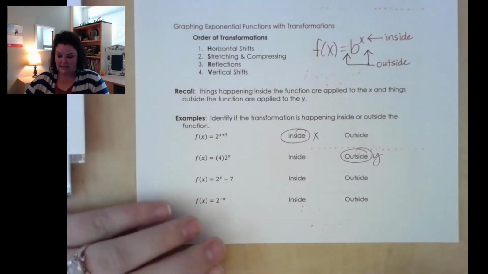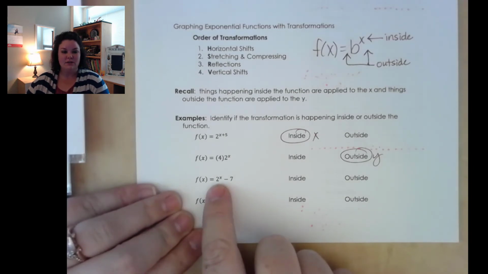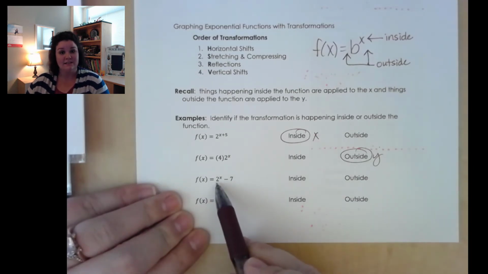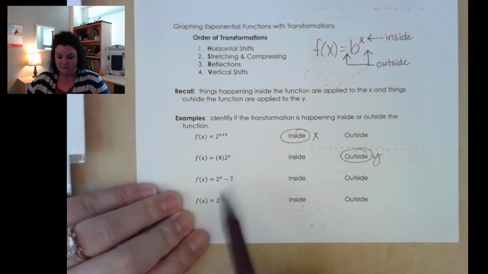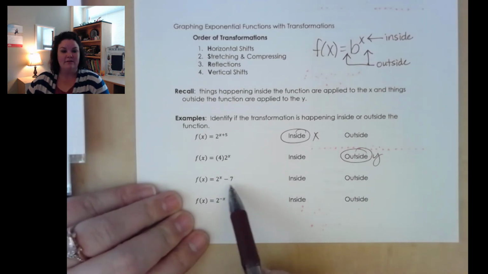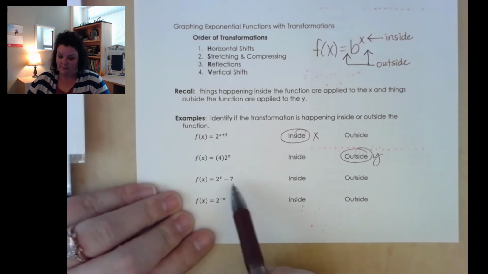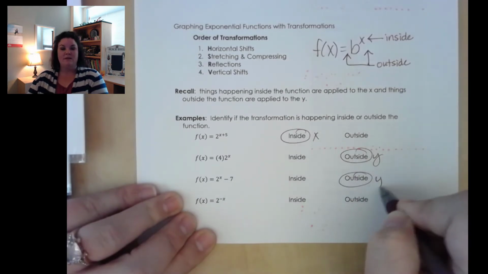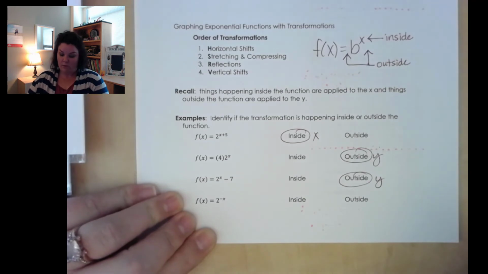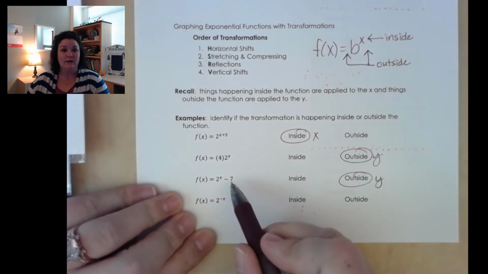Okay. Let's look at this next one. Again, my parent function is 2 to the x because 2 is the thing that has the exponent. And the only transformation here is this minus 7. Now this minus 7 is not taking place inside the exponent, so that means it's outside the function and being applied to the y. So that would be a vertical shift down 7.